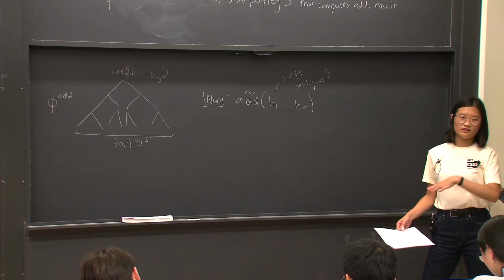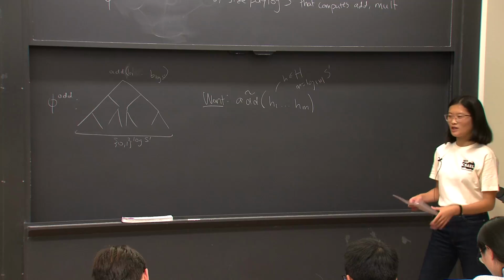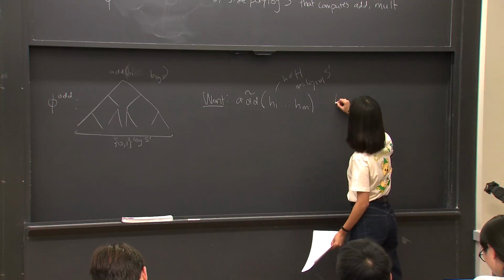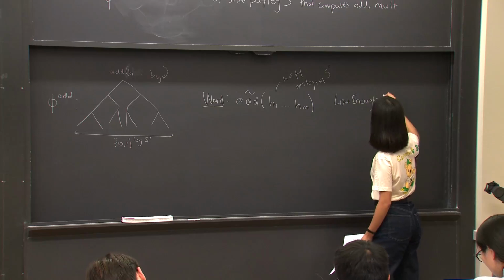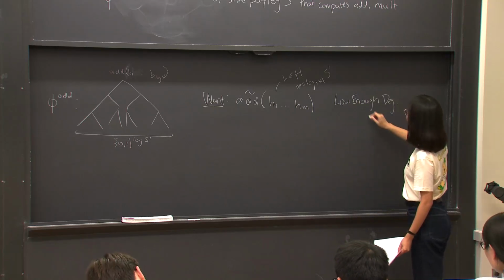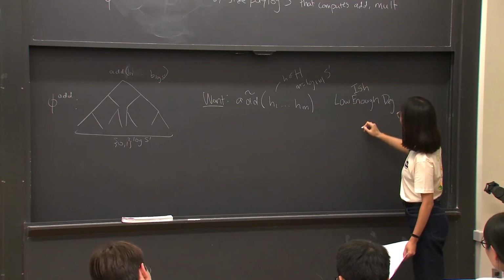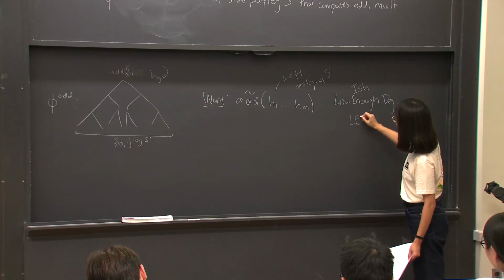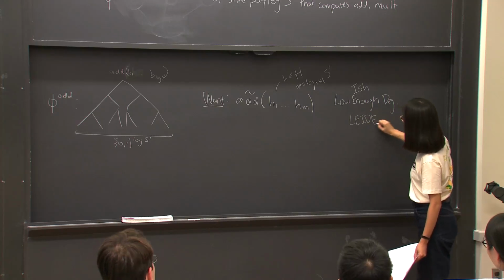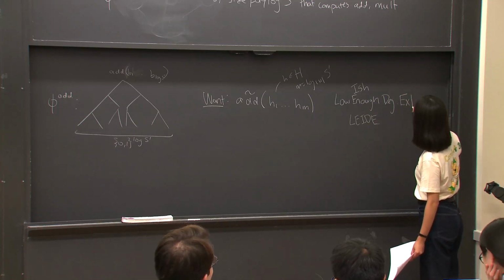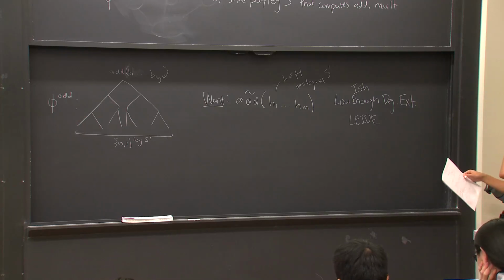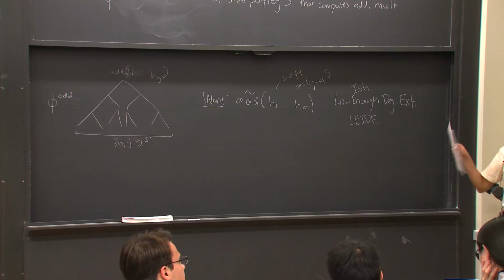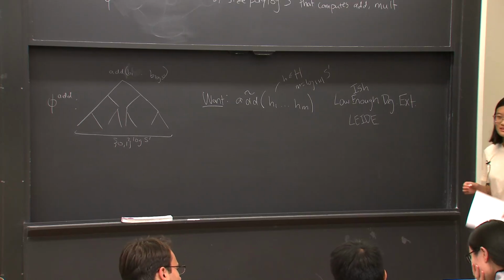Maybe call it a low enough degree extension, the LEI. It won't be the low degree extension, but it will be okay.